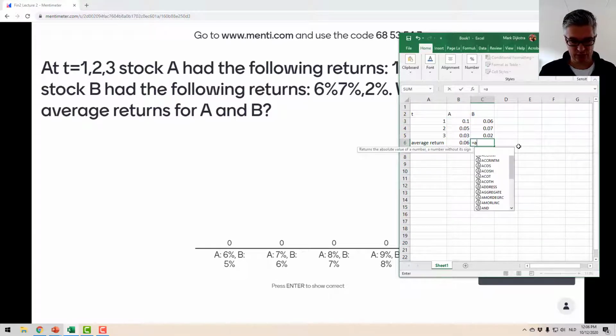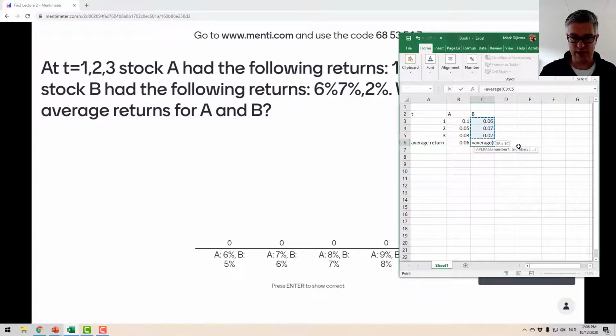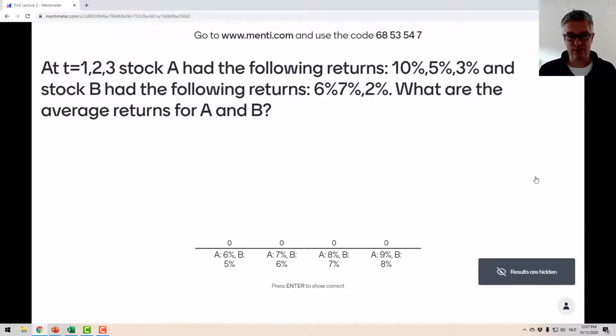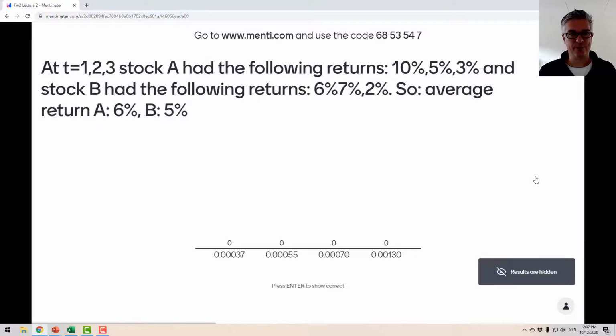What I can also do is use the Excel command called average, and that should also give me the average, so also 5%. So it doesn't really matter which of the two I use, whether I use the average function or simply add them up, it gives me the same value. Then we can go to Mentimeter question number 2.